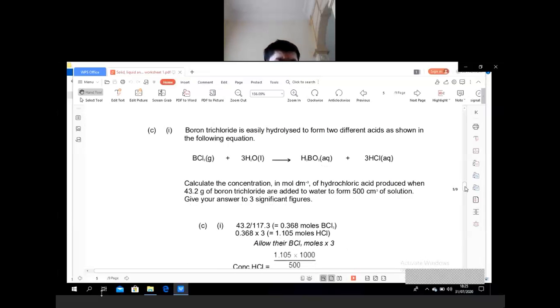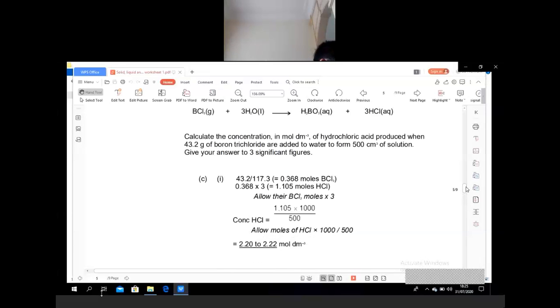Boron trichloride is easily hydrolyzed to form 2 different acids as shown in the following equation. Calculate the concentration of the hydrochloric acid produced when 43.2 g of boron trichloride is added to water to form 500 cm³ of solution.